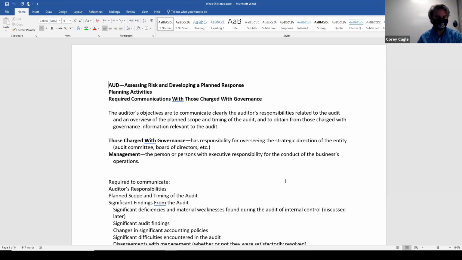So we need to communicate, and we've talked about a lot of this already. Auditor's responsibilities related to the audit, scope and timing.